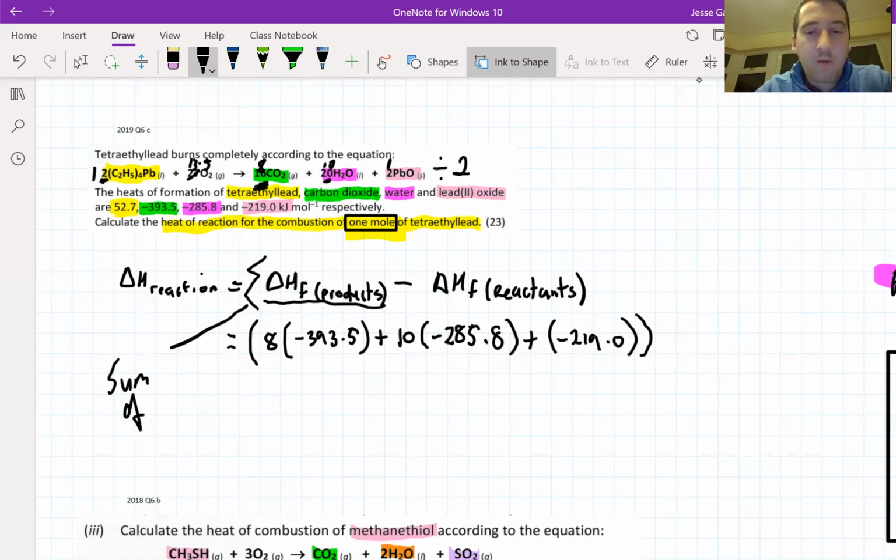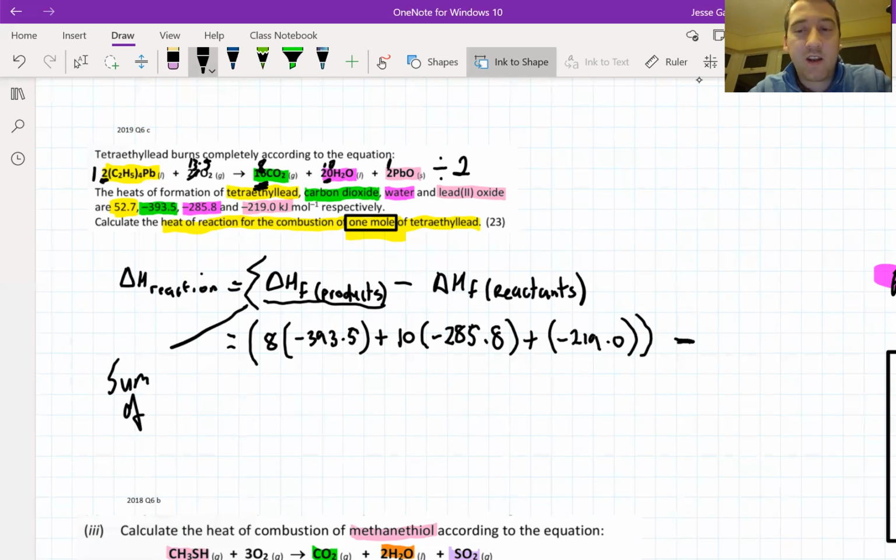So I'm going to sum all of those, but then I have to take away the heat of formation of the reactant. The reactant in this equation, I've only got 1 reactant because remember, oxygen is an element and it doesn't have a heat change. So only the tetraethyl lead will have a delta H value.